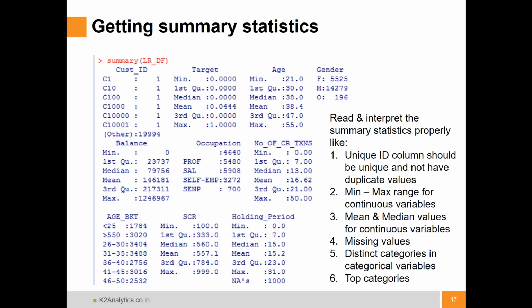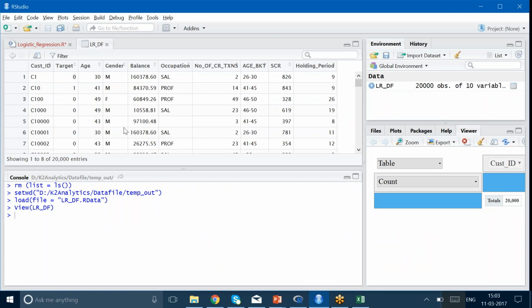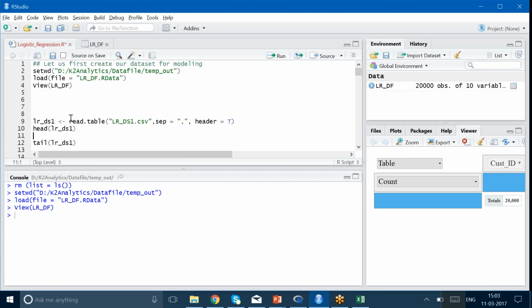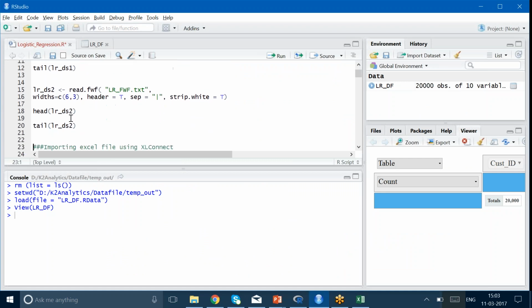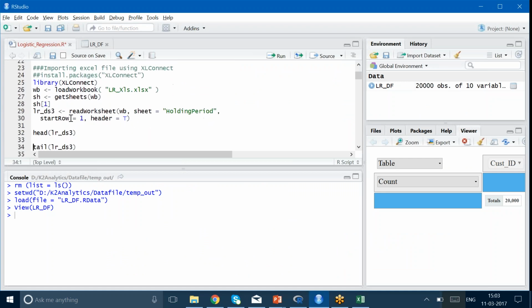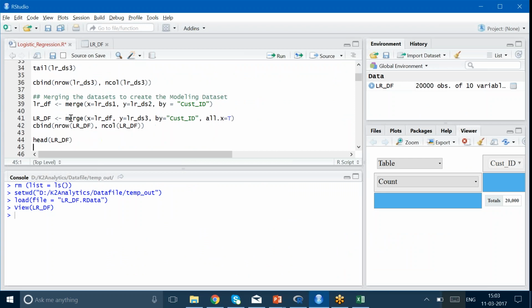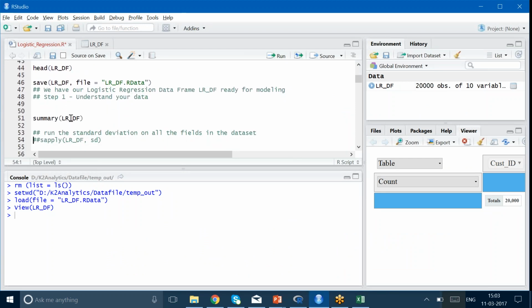So let us quickly run the summary function. Here is my data set. I'll skip all these steps because I have given you a prepared data set, so don't bother about it. Come to where I have typed summary lr underscore df.